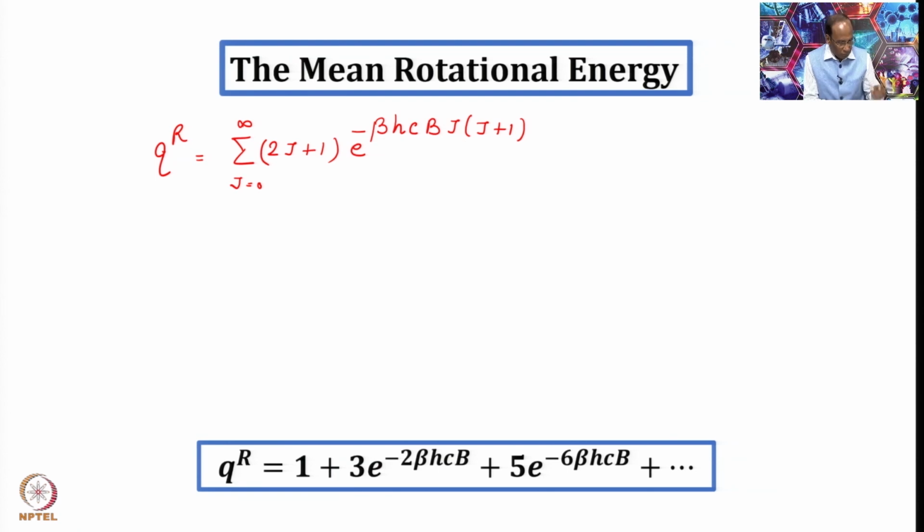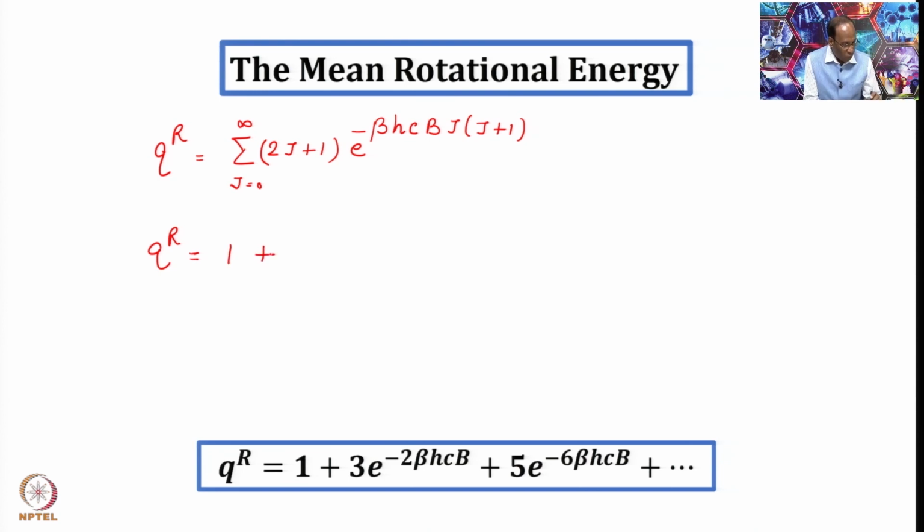Okay. Let us expand it. Q R, substitute j is equal to 0. J is equal to 0 means this is 1, and exponential 0 is 1. So the first term is 1.